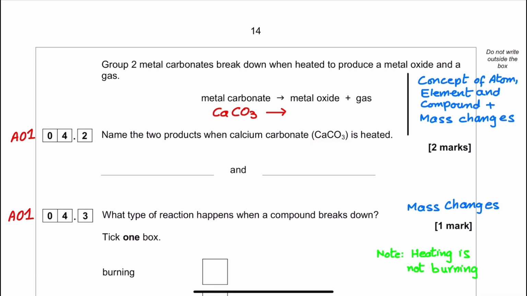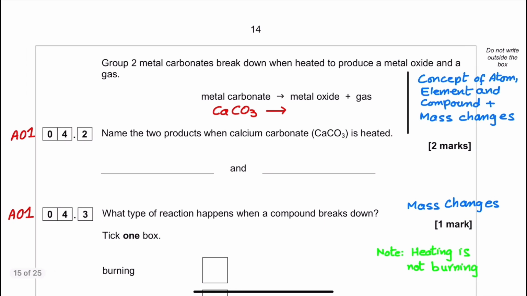So when calcium carbonate decomposes, it makes calcium oxide, and the gas produced is carbon dioxide. So the substances are calcium oxide, CaO, and the gas is carbon dioxide.